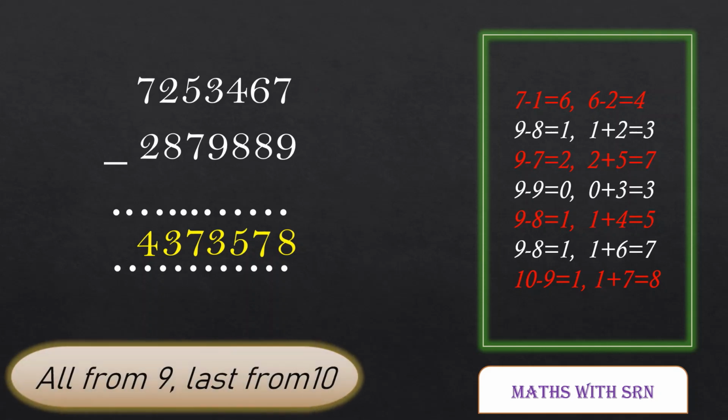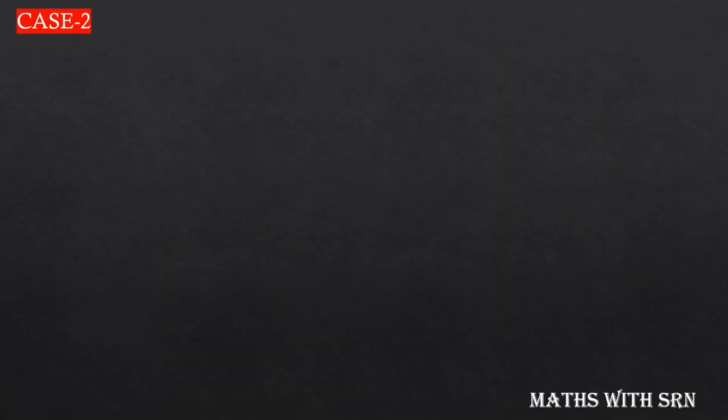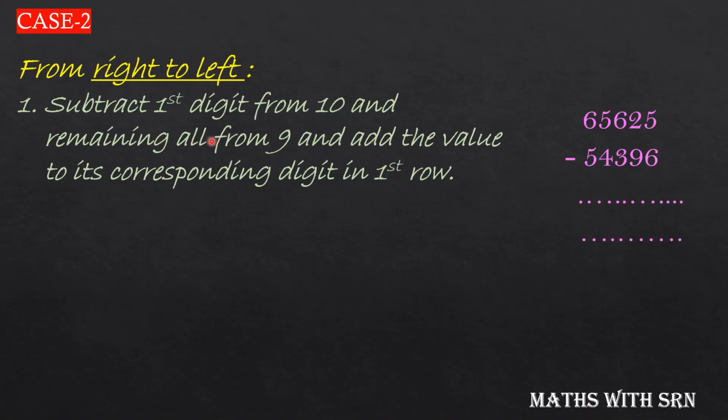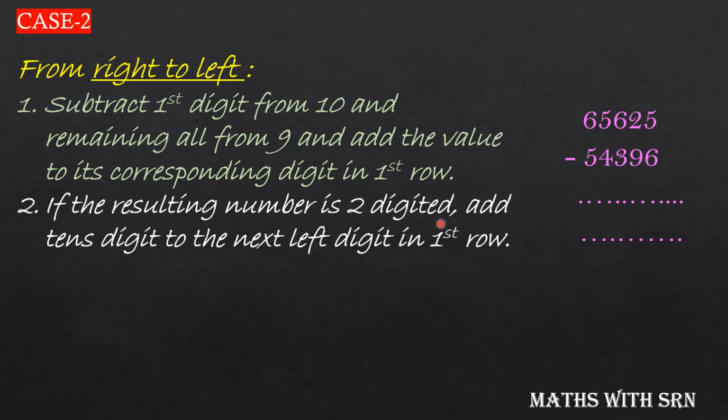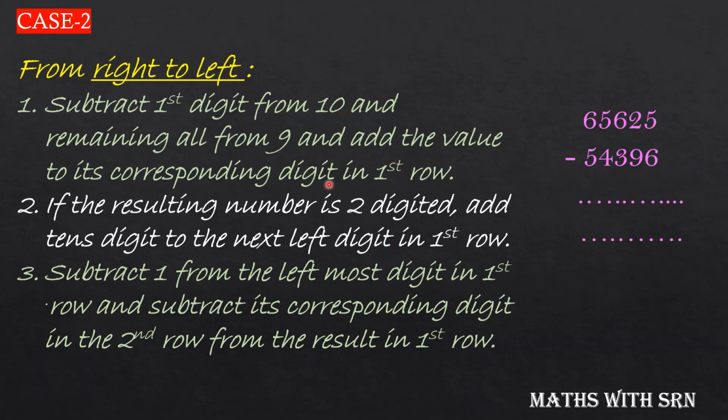We follow the same rules: subtract the first digit from 10 and the rest from 9 and add the value to its corresponding digit in the first row. But if it is a 2-digit number, for example 9 minus 3 is 6, 6 plus 6 is 12, what can we do? Yes, 2 is here, 1 is carried.